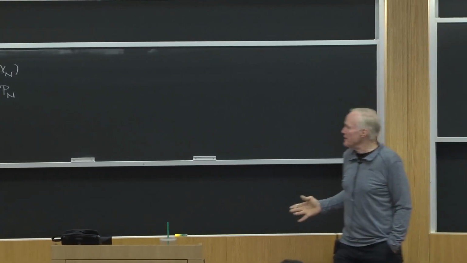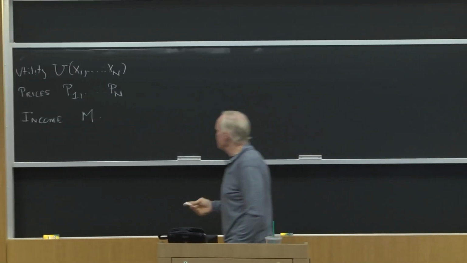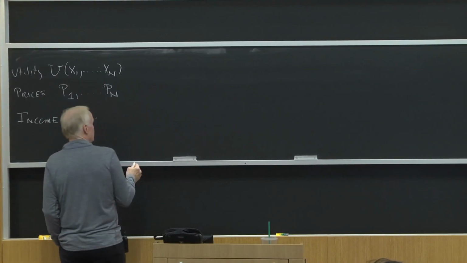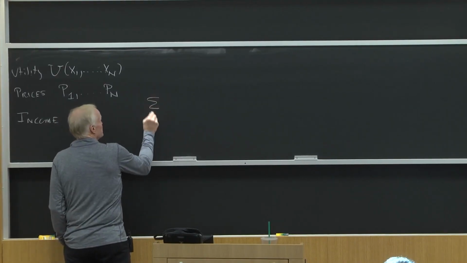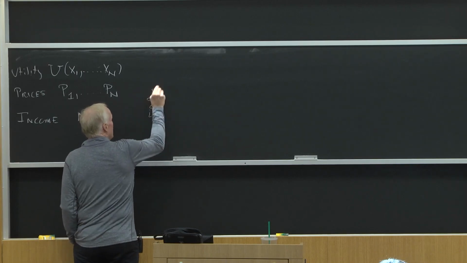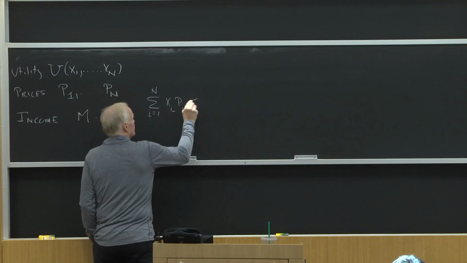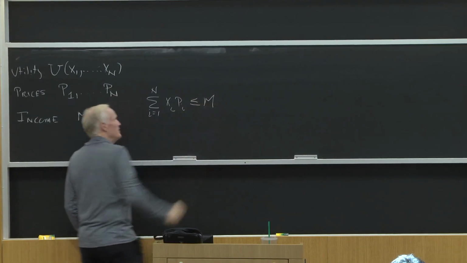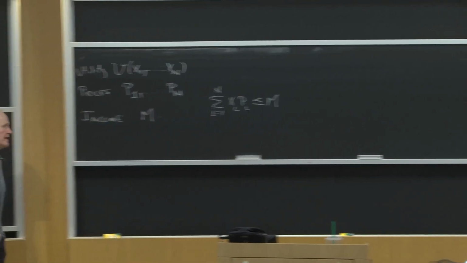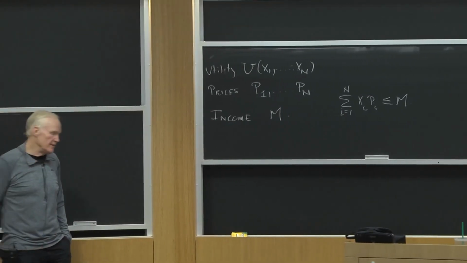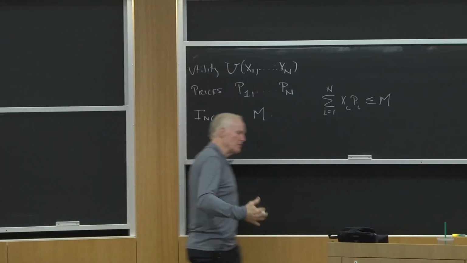All right, so anyway, now we usually think about this consumer as having a budget constraint, and the budget constraint is the sum from i equals 1 to n of xi pi less than or equal to your income. That is, you can't spend any more than your income. Now that doesn't mean you can't borrow and lend.